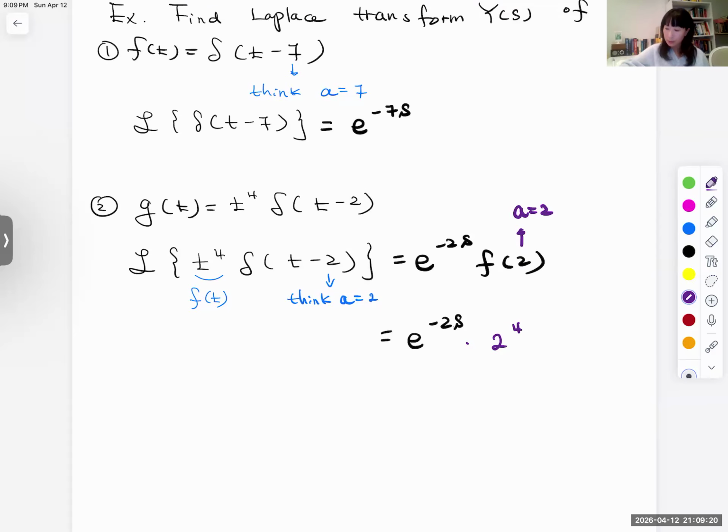What is 2 to the fourth power? 16. Good, so we have 16 e to the negative 2s.